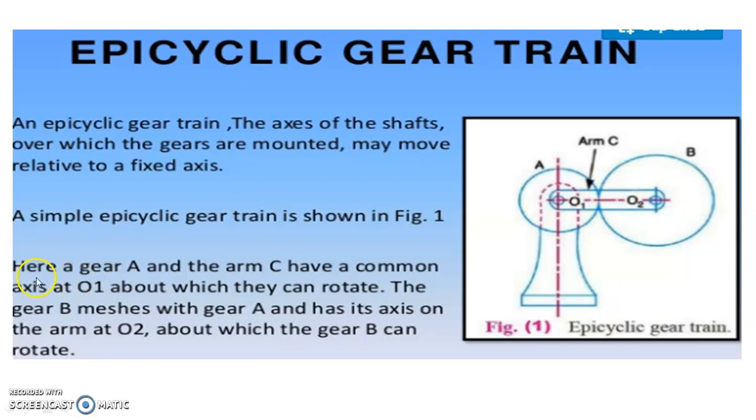Gear A and the arm C have a common axis at O1. The gear B meshes with the gear A and has its axis on the arm at O2, about which the gear B can rotate. So gear B can rotate like this.